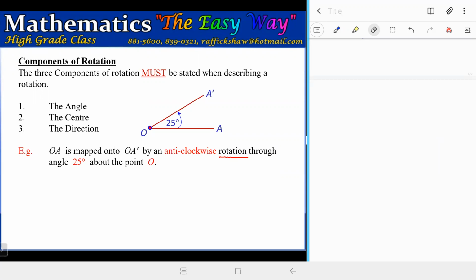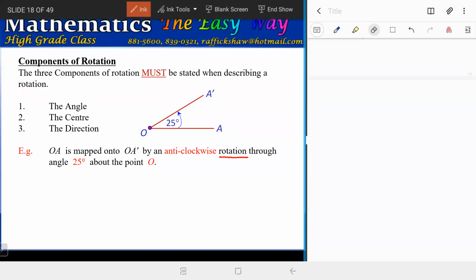When we come to describing a rotation, like in this example, A is mapped onto A prime by an anti-clockwise rotation, because the direction is anti-clockwise, through an angle of 25 degrees, and you're giving the angle, about the point O. The thing persons tend to forget to include in the description is the center.